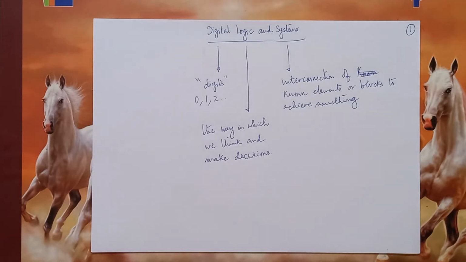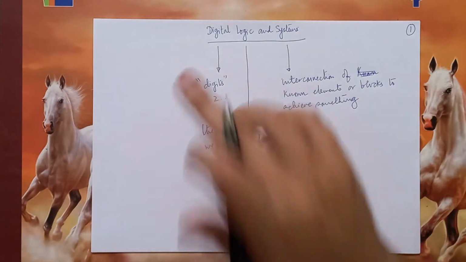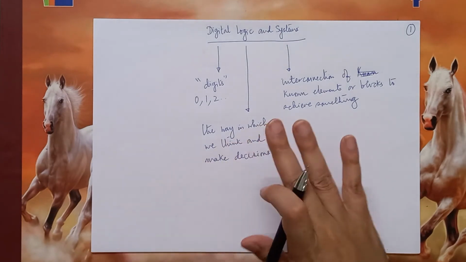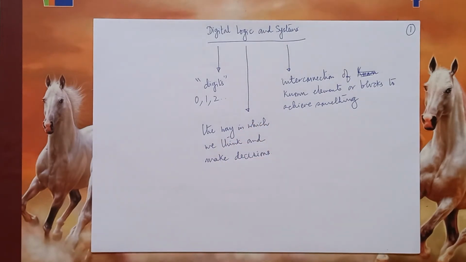So let's look at this word called logic. We said that logic essentially refers to the way in which we think and make decisions. So therefore, what seems to be the mathematical representation of logic is that the output of our logic has to be some kind of a decision.